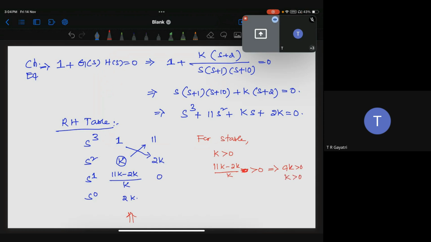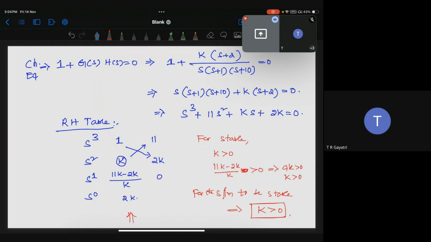So this is also k greater than 0. So for the system to be stable, we must have k greater than 0.